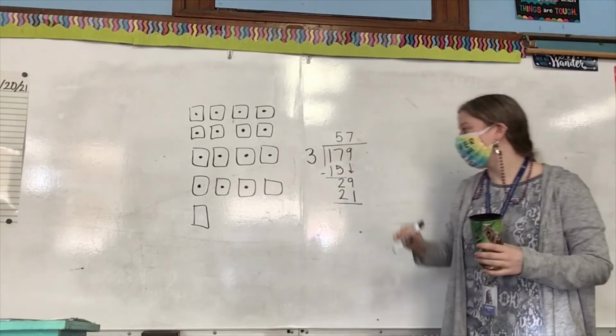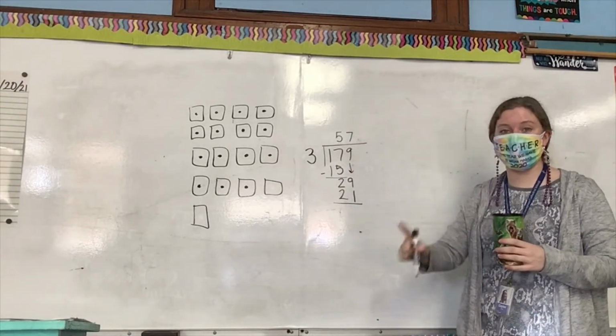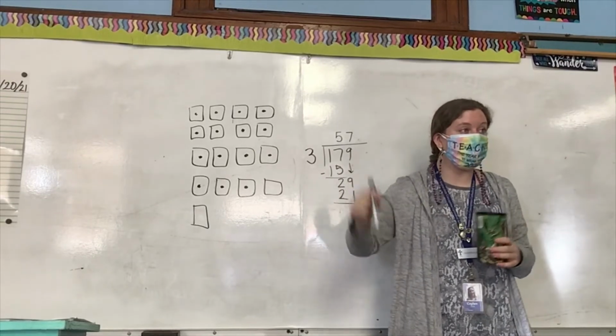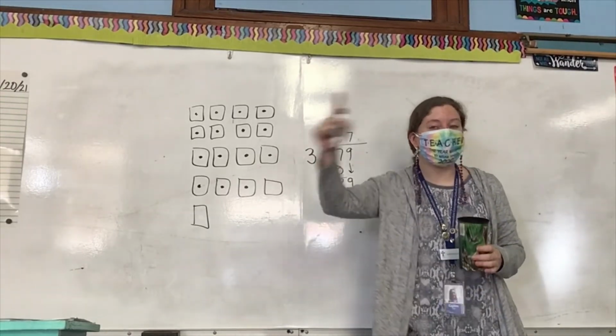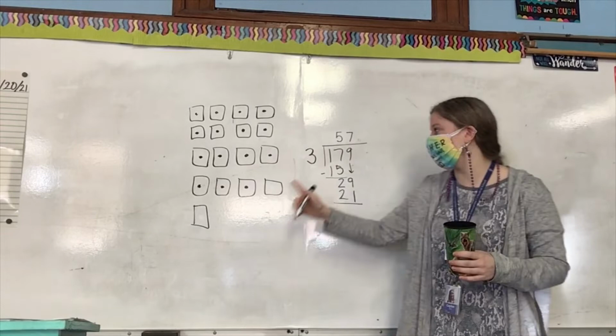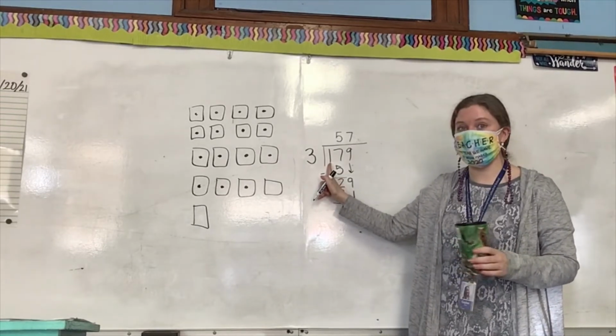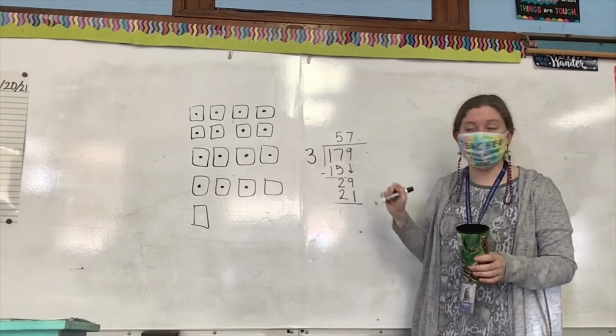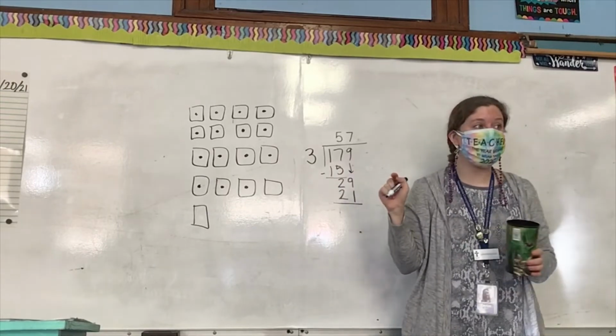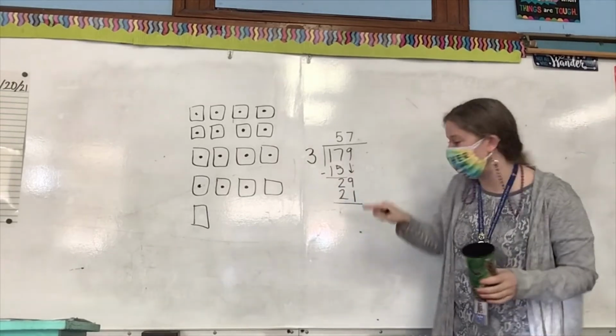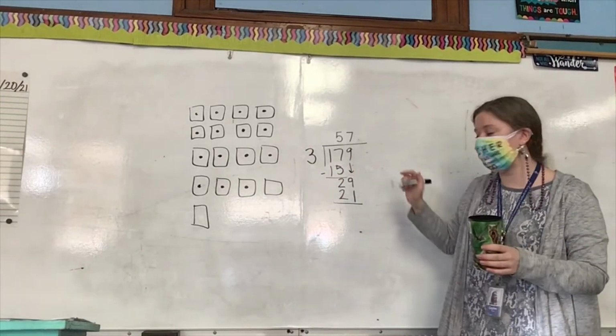Very good. It always starts: subtract the answer to our multiplication problem from the, and then it changes. It's either from the first digit of our dividend, or from the first two digits of our dividend, or from the new dividend. In this case, it's the new dividend.